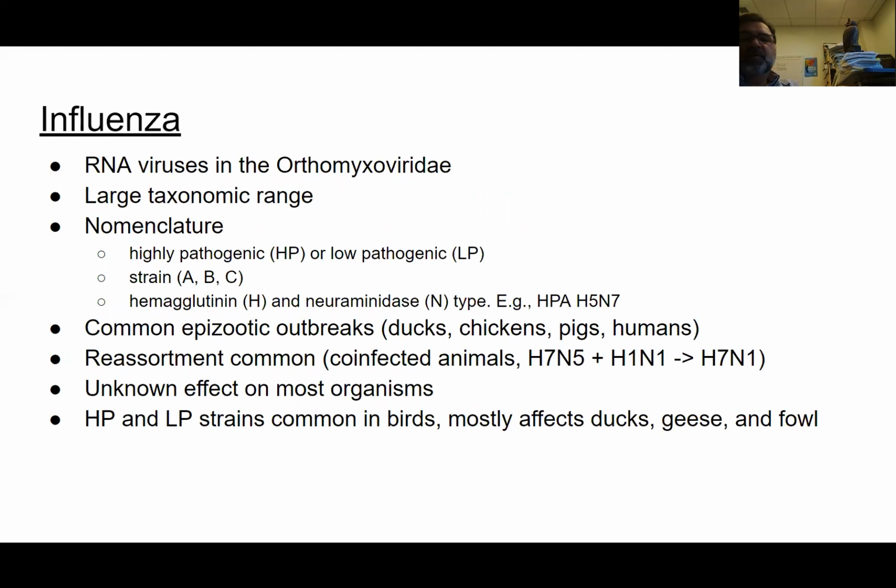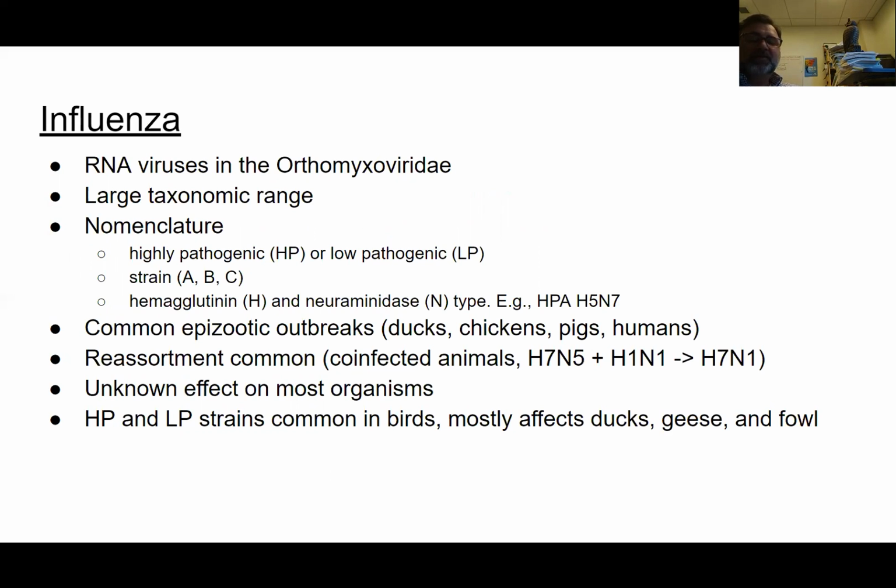All right, influenza. So influenza is an RNA virus, an Orthomyxoviridae, okay, which means the straight, fungal virus. Interesting. Okay, so it is not a fungus, it's an RNA virus.